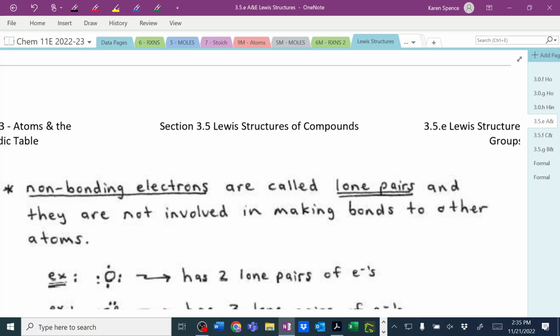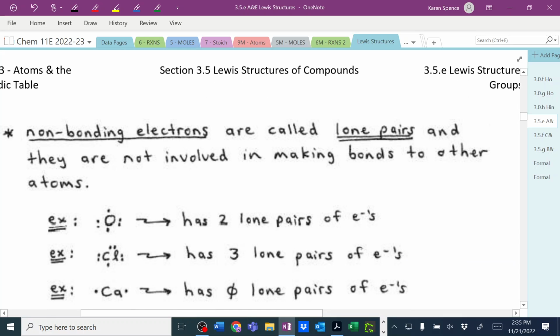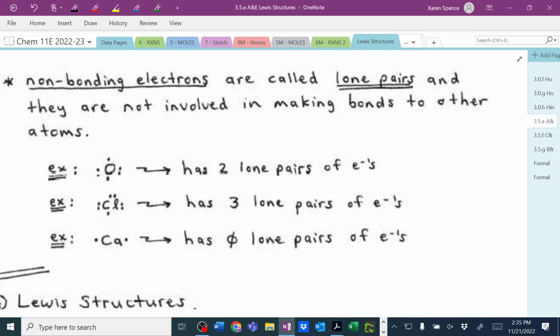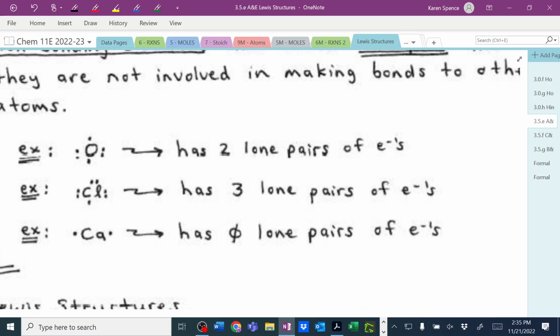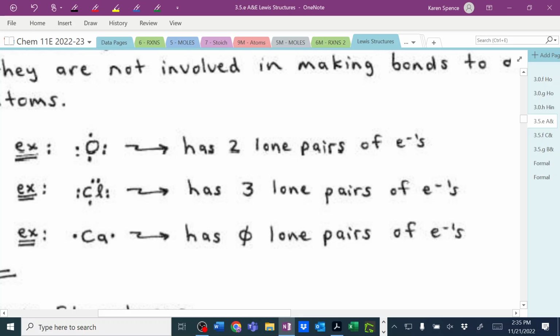Now, this is a little bit of an oversimplification, but it'll do for now, and I'll tell you why it's an oversimplification later. So if we have oxygen, we have a pair on the left, we have a pair on the right. Do they need to pair up with anybody?